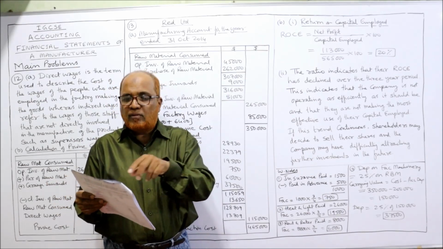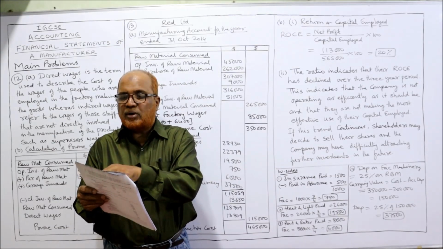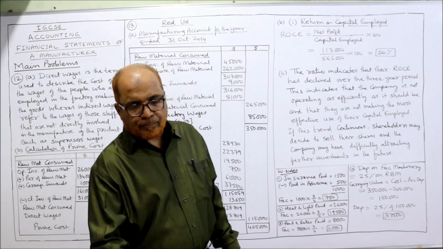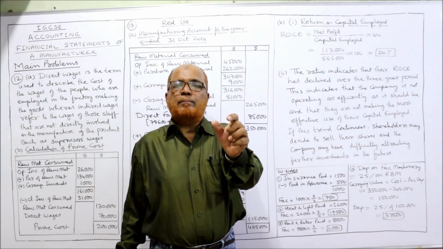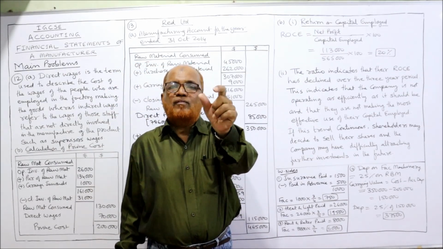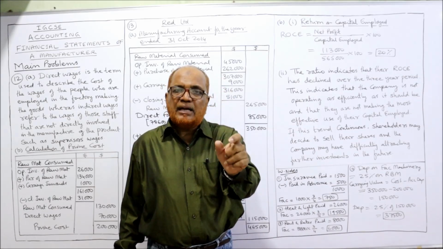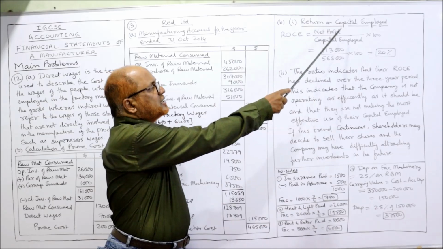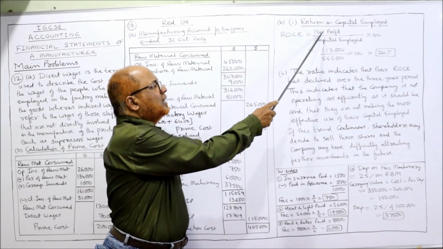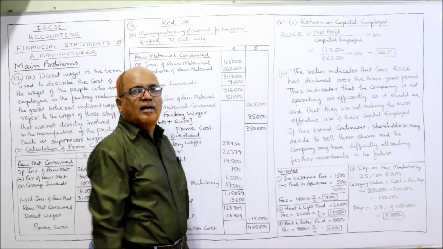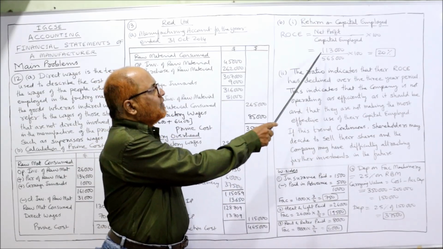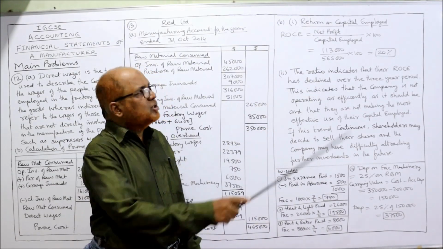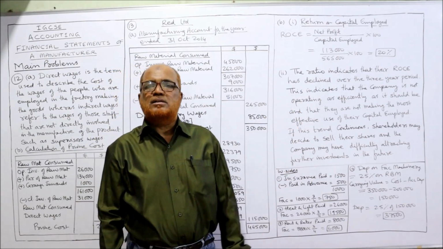And the capital employed we have to take for 1st November 2013, 5,65,000. The formula for return on capital employed is profit for the year divided by capital employed into 100. So net profit 1,13,000, capital employed 5,65,000 into 100, 20%.